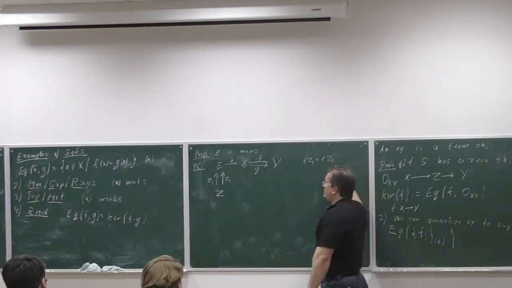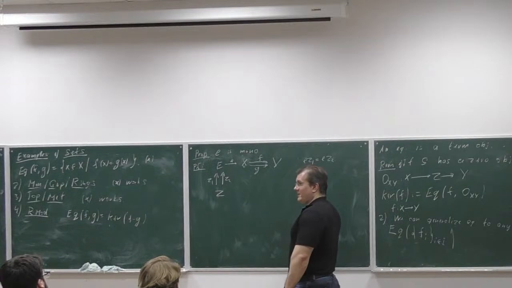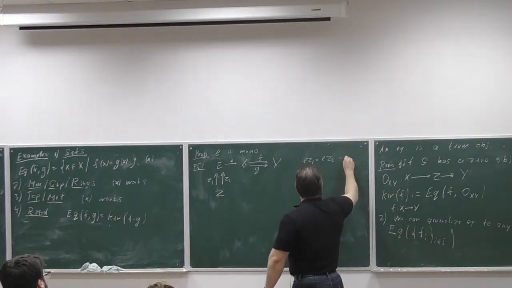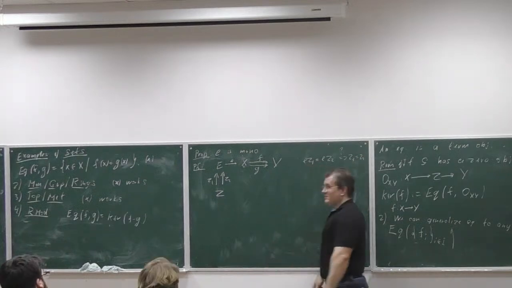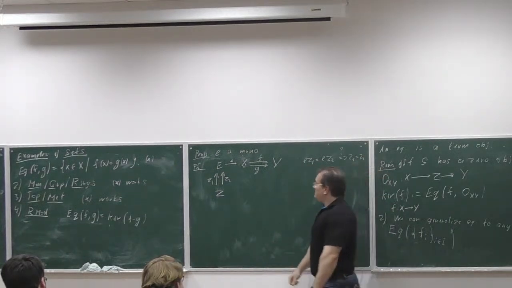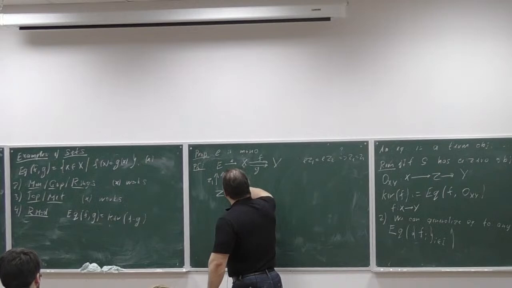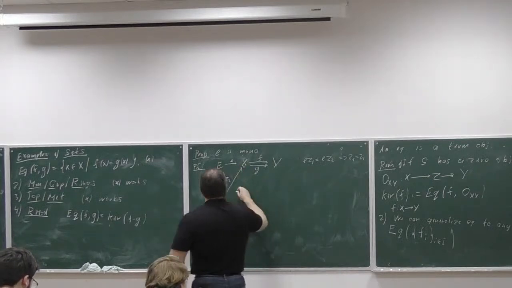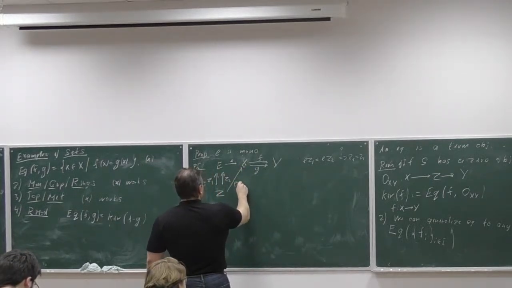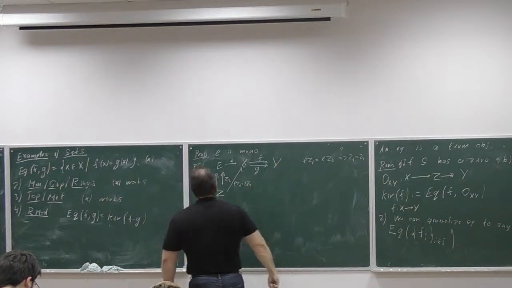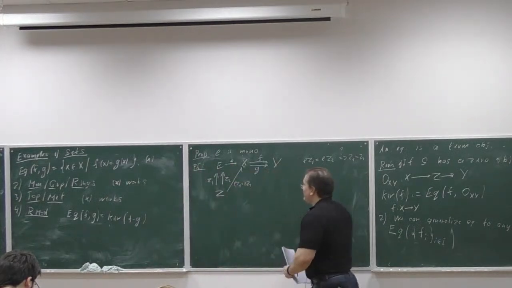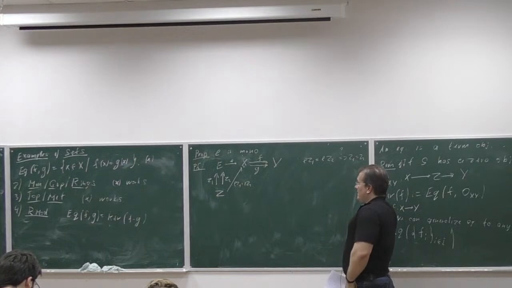That's what it means for this to be mono. So if you just look at this composition, E Z1 and E Z2, the same thing, that's a commutative triangle.